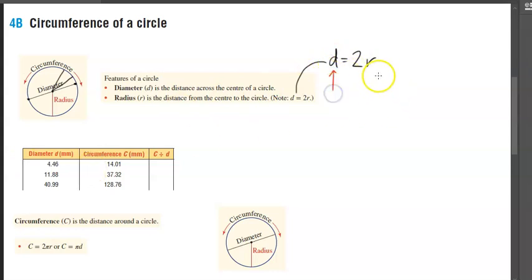This here is the diameter, and R stands for radius. And remember, when there's a number next to a letter, this just means 2 times R. So what this is saying is the diameter is the same as 2 lots of the radius, and that makes sense. There's one radius here and another radius here. So you might see this formula pop up at times. This is all that means, that the diameter is 2 lots of the radius.